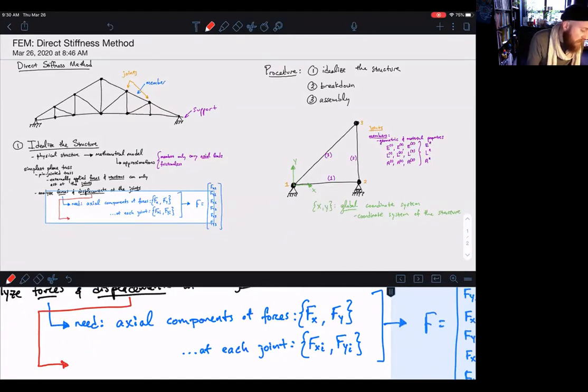So our displacements are completely defined by the displacements of the joints. Let me write this out.